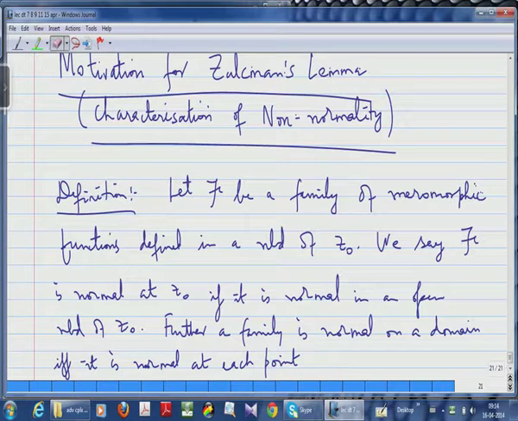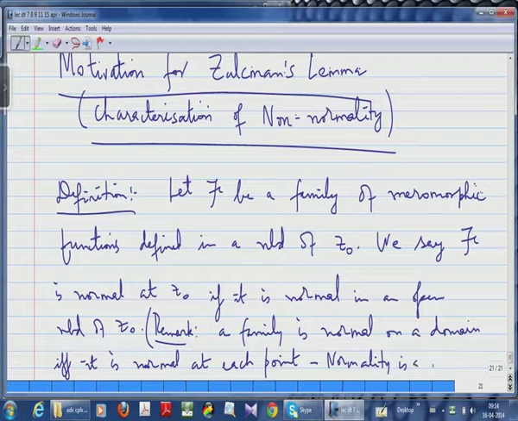So I should not say further, in fact this is a remark. This is a remark that you can check. It just says that the notion of normality is a local property. Normality is a local property.